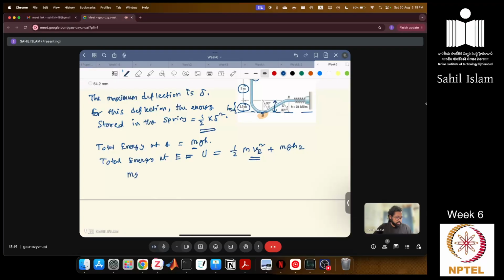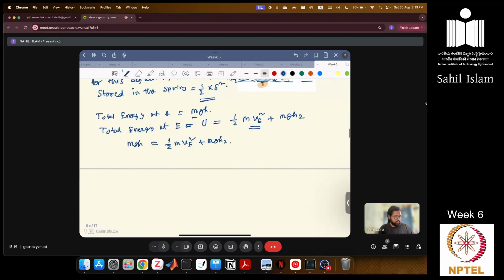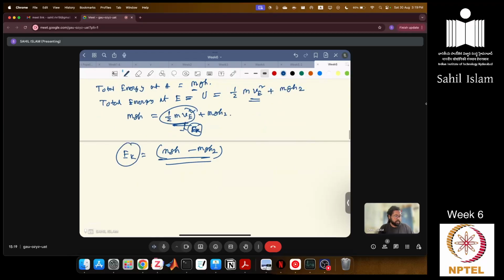So mgh equals half mv square plus mgh2. Now I write the kinetic energy Ek equals mgh minus mgh2. So this kinetic energy will be transformed to half k delta square, right?